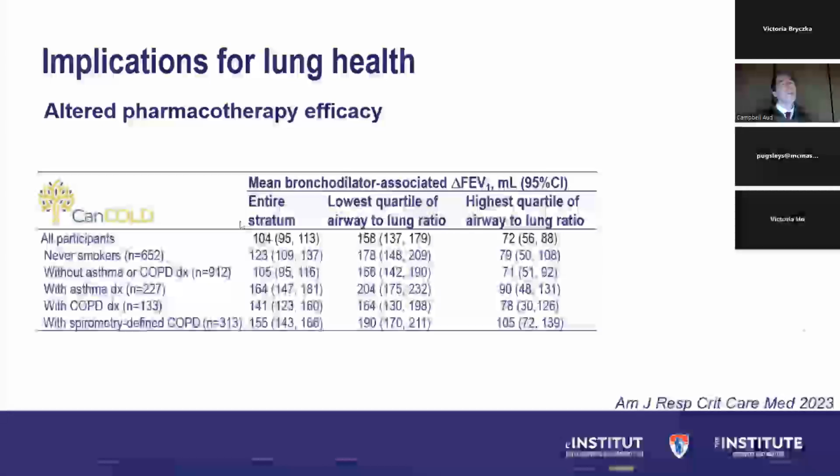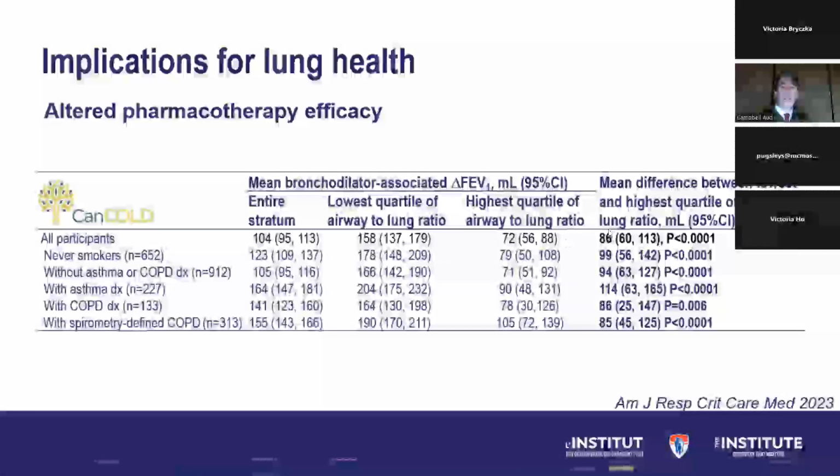And we thought, well, maybe there's some undiagnosed asthma, some COPD. So we tried to look at various subsets where we thought there's probably not too much asthma or COPD going on. As you can see here, this is the difference in that FEV1 change between the smaller airway to lung ratio and the higher airway to lung ratio.